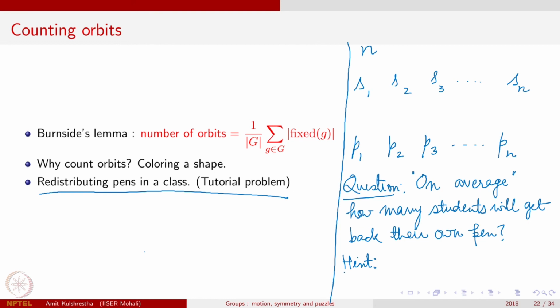So, what is the group? What is the action? The group is actually the permutation group. The permutation is happening here, right? So, the permutation group is the group, and this G is Sn.